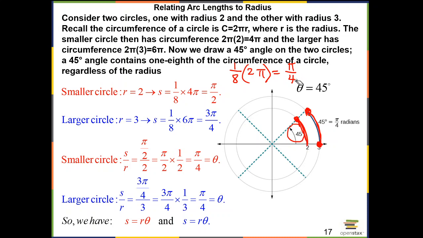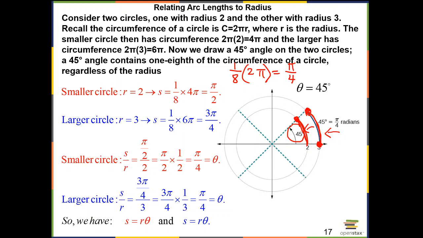For the smaller circle that would be pi over 4, and for the larger circle it will also be pi over 4, because it's 1/8 of the whole, one turn.